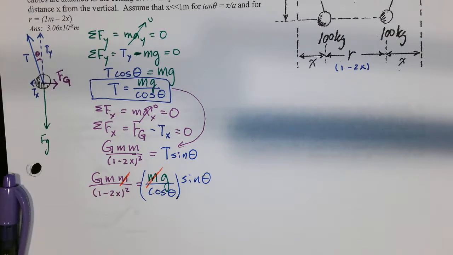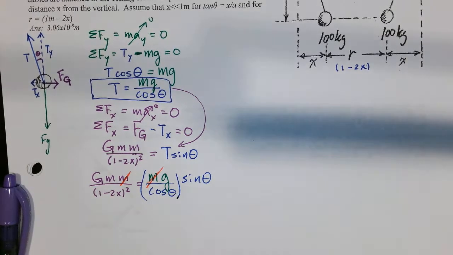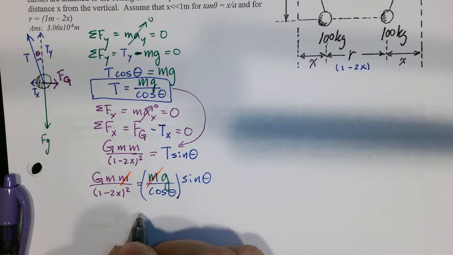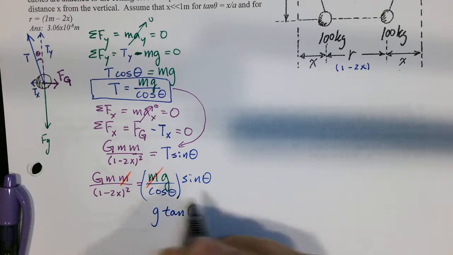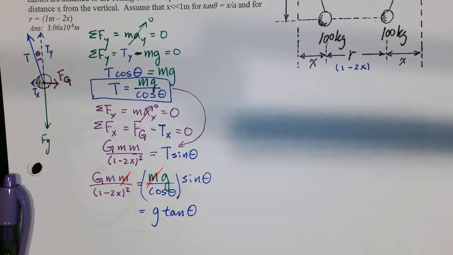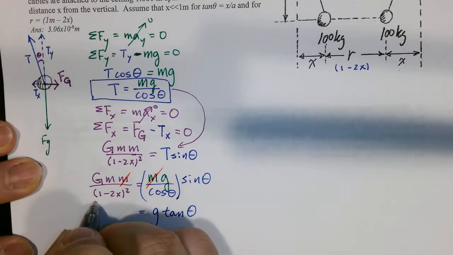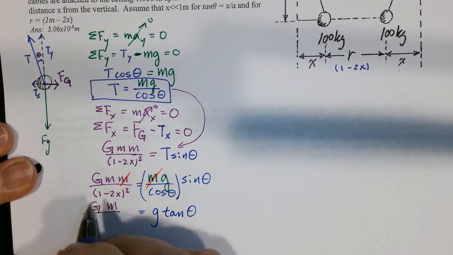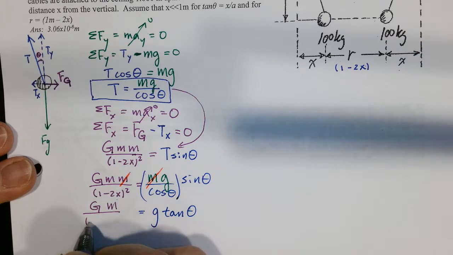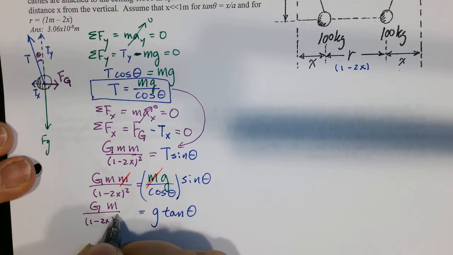So g tan theta is equal to G times M over R squared, or 1 minus 2x quantity squared.